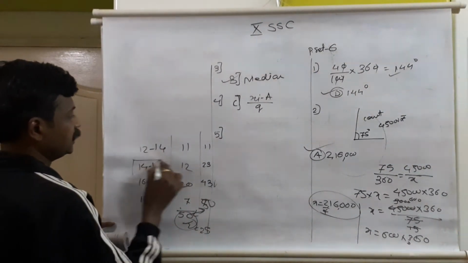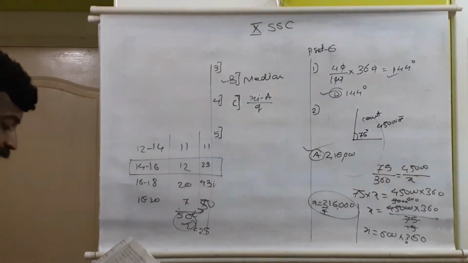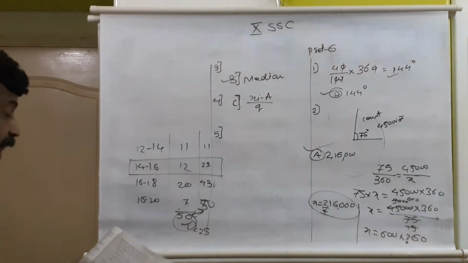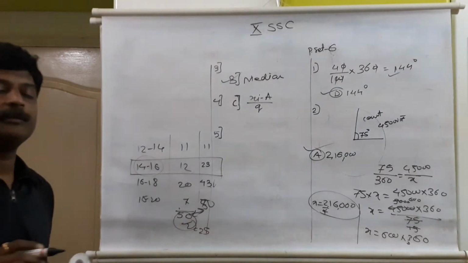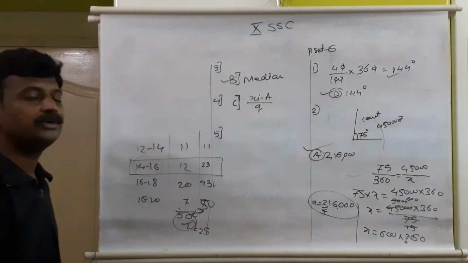So this is nothing but the required median class. If this is the median class, the median will lie between 14 to 16.